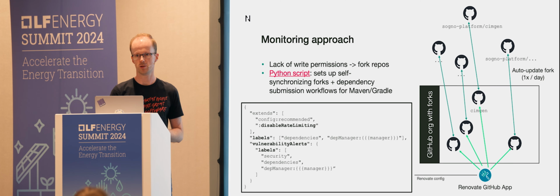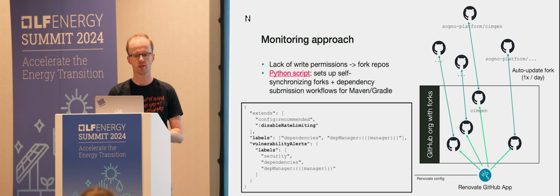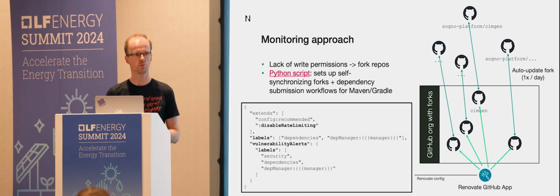And since we, as an outside party, mostly don't have contributor permissions to any of those, what I did was make my own GitHub organization, and I built open source tooling that makes automated forks of all these different repositories in my own organization.